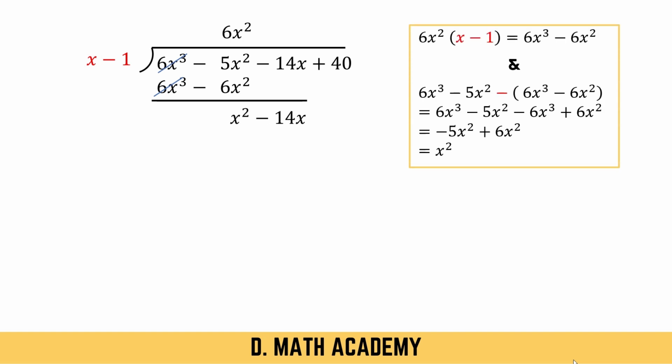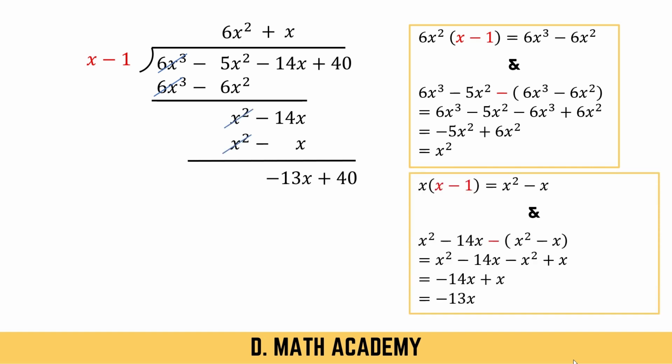Bring down the negative 14x. Now you're trying to get rid of the x squared. So x times x will get you x squared, and x times negative 1 will get you negative x. The balance from this calculation will be negative 13x, and bring down the 40.